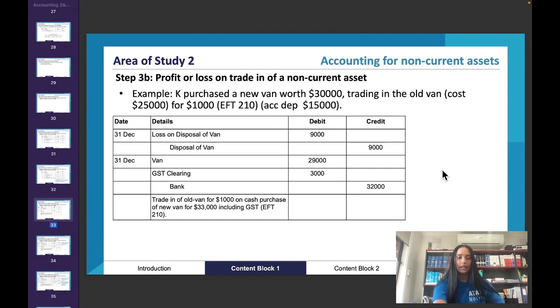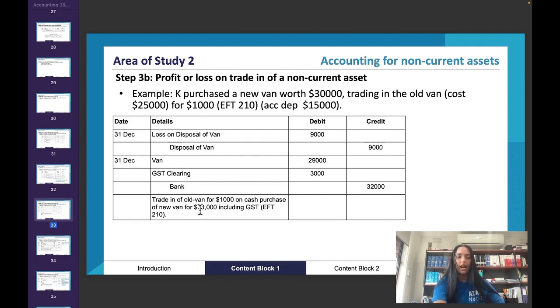And then we credit bank, this should be $32,000 because the total cost was $33,000 including GST. So we had van plus GST is $30,000 plus $3,000 GST, which is $33,000.